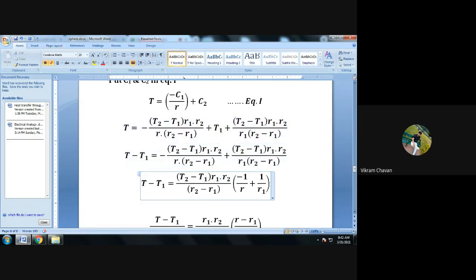So we get this equation by taking the common terms outside the bracket.